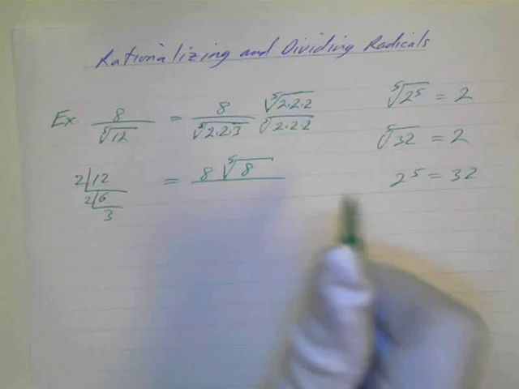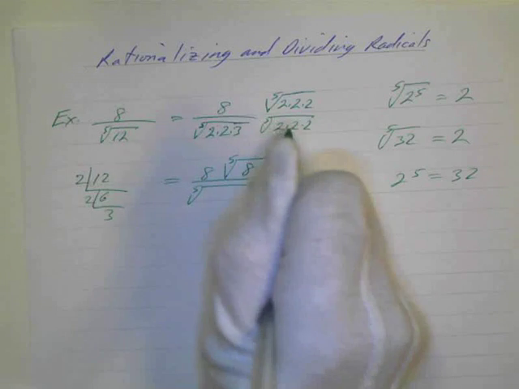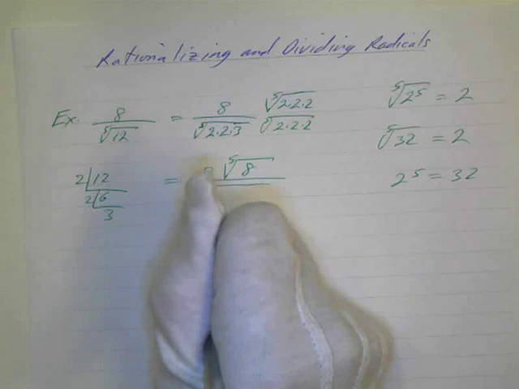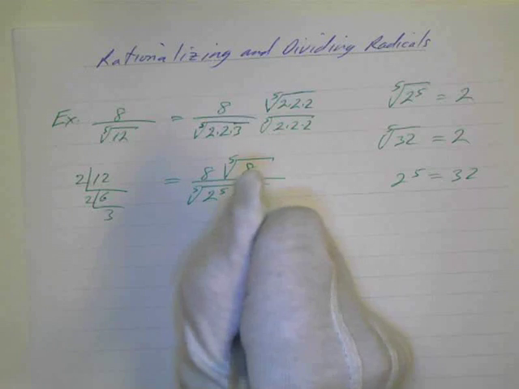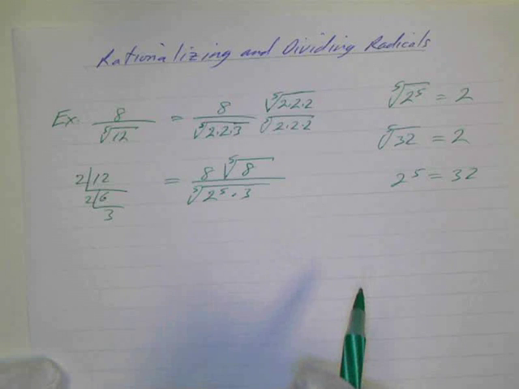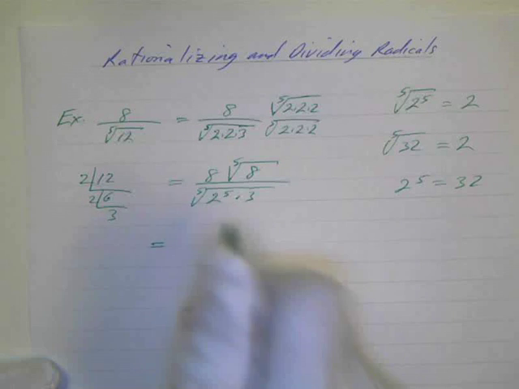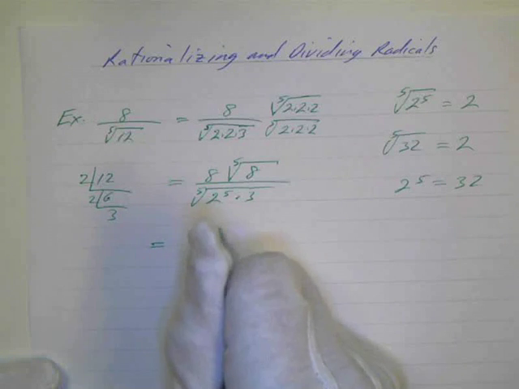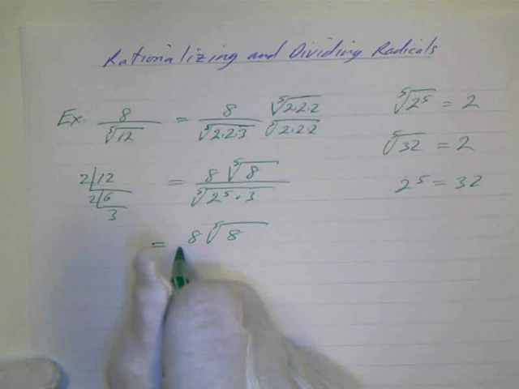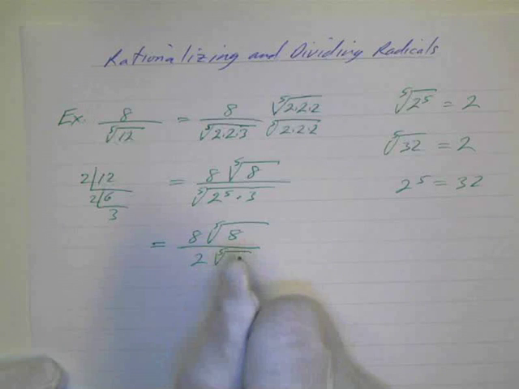And on the bottom, you've got the fifth root, and notice I've got 1, 2, 3, 4, 5 2's, which is 2 to the fifth, times 3. Now what's the fifth root of 2 to the fifth? Well, the fifth root of 2 to the fifth is just 2, so 2 times the fifth root of 3.